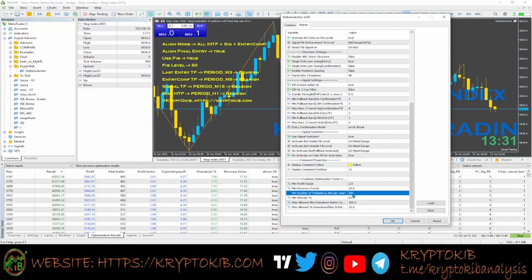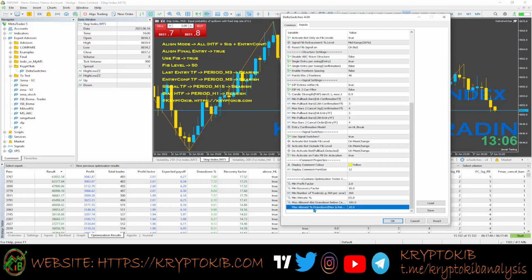If it's below 360 trades, it gets penalized. If the overall win rate of the parameter combination is below 65%, it gets penalized. If the absolute drawdown below my starting capital is beyond this amount I have here, then it's going to get penalized.